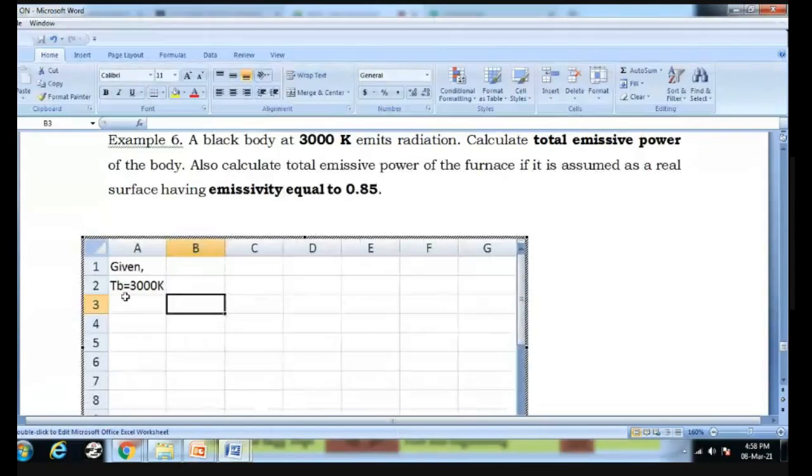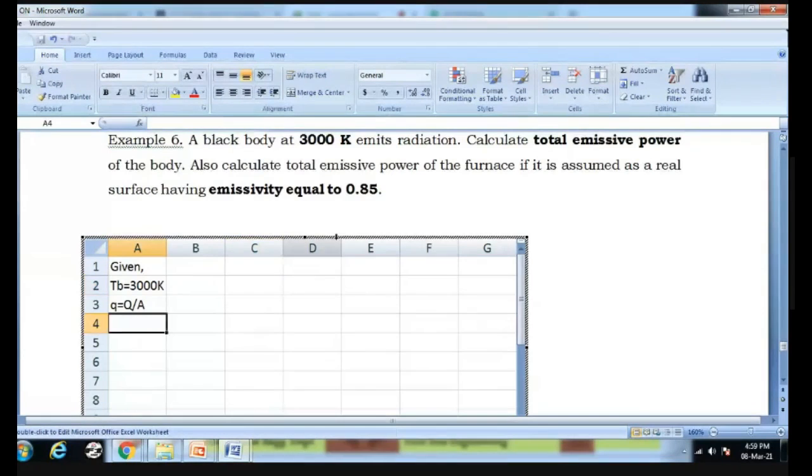What else? Total emissive power of the body. You should know emissive power of the body is nothing but Q upon A. Q upon A is the emissive power. And you know Q is directly proportional to T raised to 4, absolute temperature ka fourth power.